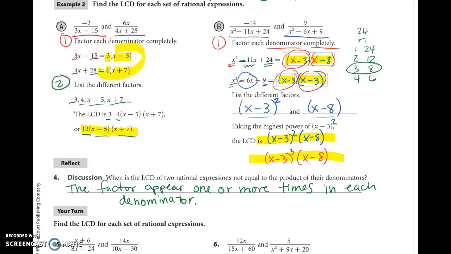Okay, or another way to think about this is if the factor appears in one or more of the denominators, that means that they share a factor.